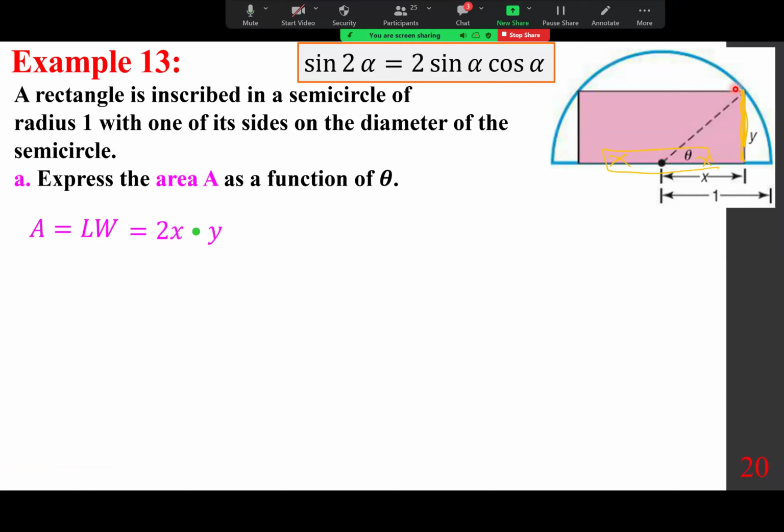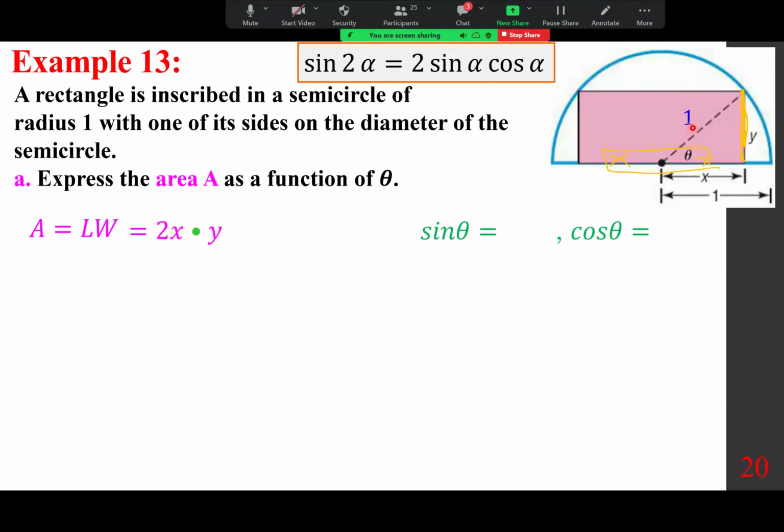we are looking at this triangle. This is a 90-degree angle. This is angle theta, and we know this distance is, because the radius is 1, we know this distance is 1. So we plug in 1. This distance is 1, okay? Because this is also the radius. So sine theta is y over 1, and cosine theta is x over 1.